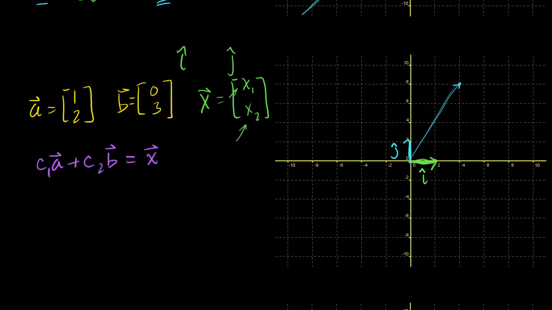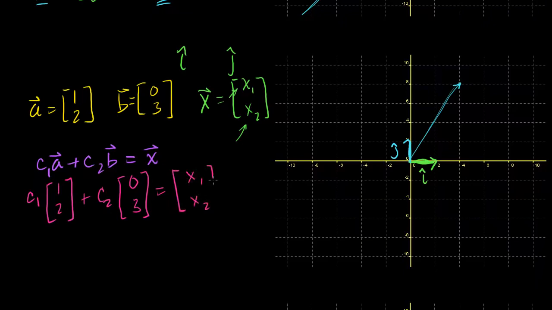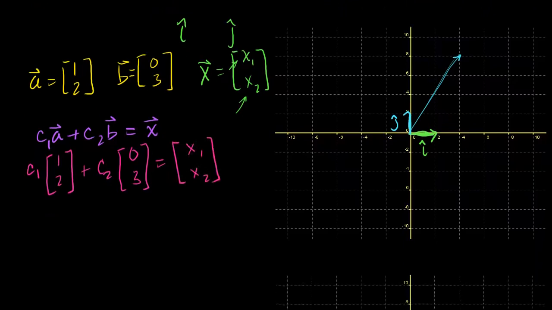So let's just write this right here with the actual vectors being represented in their column form. So we have c1 times this vector plus c2 times the b vector, 0, 3, should be able to be equal to my x vector, my x1 and x2, where these are just arbitrary. So let's see if I can set that to be true.